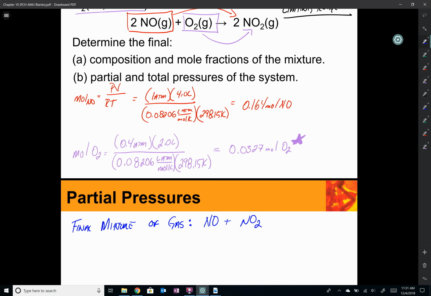The O2 is used up to make our NO2, and the NO was our excess reagent. So our final pressure is going to be a mixture of NO plus NO2. So we're going to have to figure out the pressures of both of those systems.